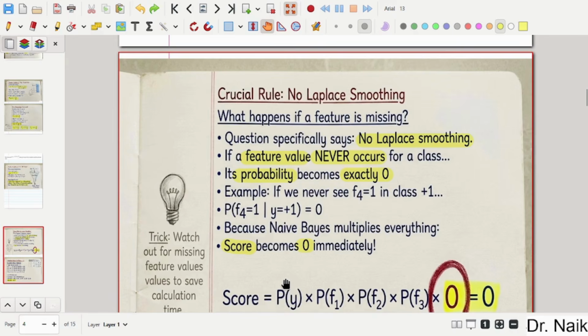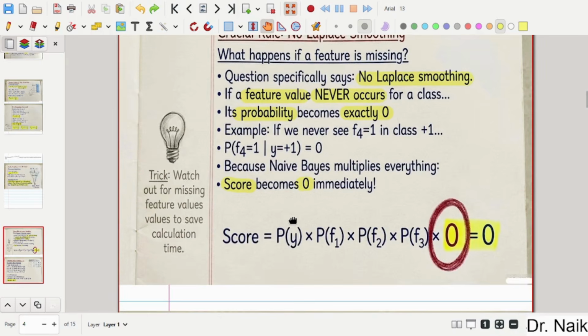Because naive-Bayes multiplies everything, the score becomes 0 immediately. So the score is probability of y multiplied by probability of f1 multiplied by probability of f2 multiplied by probability of f3 multiplied by 0. This 0 comes because f4 equal to 1 is never seen.